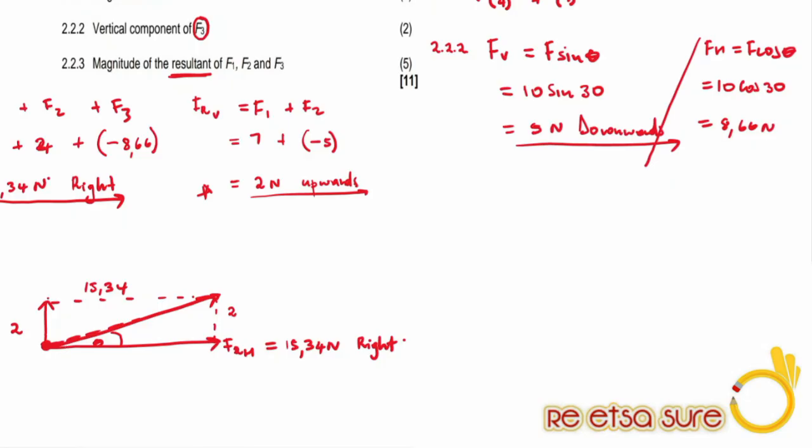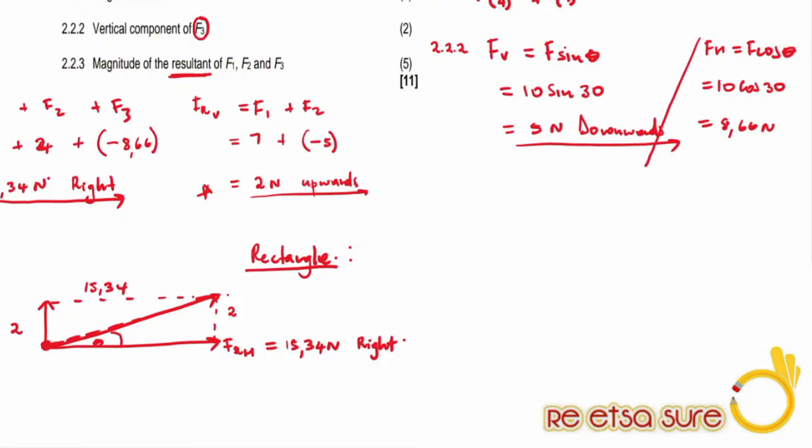So meaning this shape is the same as the shape of a rectangle. Two opposite sides of a rectangle are equal. So now, my beautiful learners, we are required to determine the F resultant.